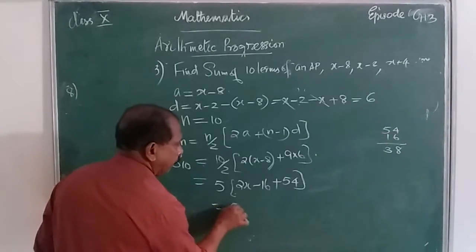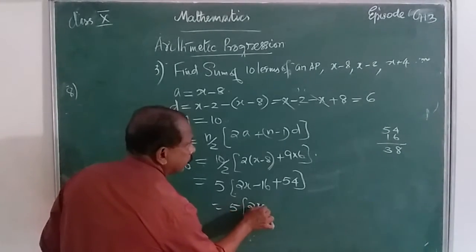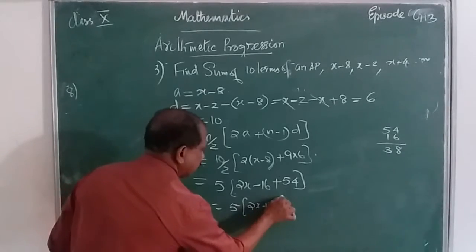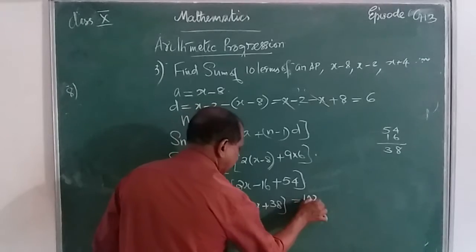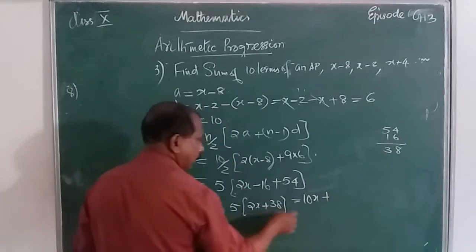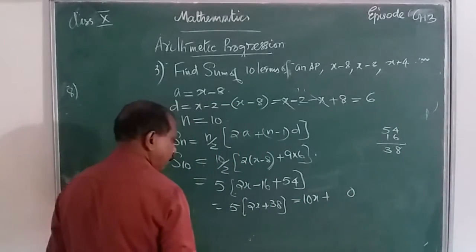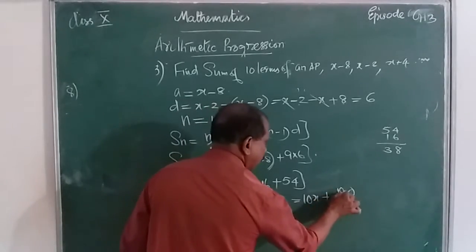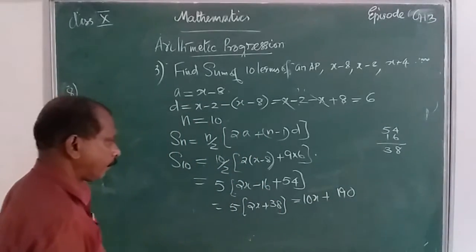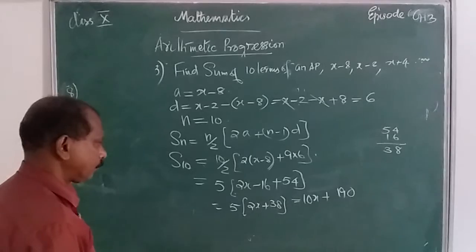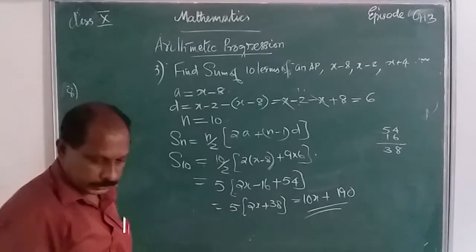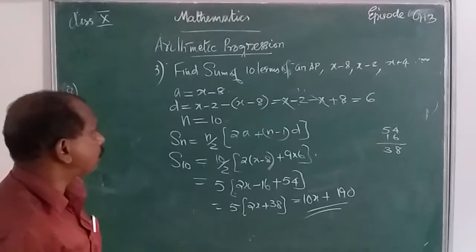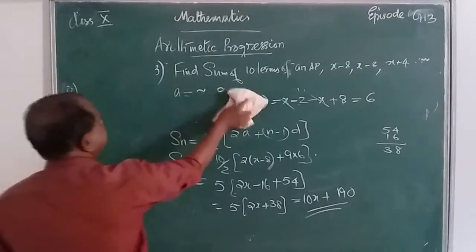That is equal to 5 into 2x plus 38. That is equal to 10x plus 190. That is the sum of the first 10 terms. Clear?